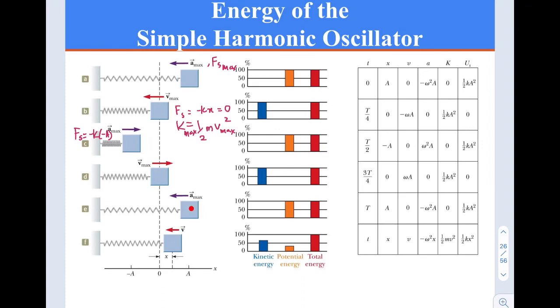And again, when it reaches position of positive A, kinetic energy stops for a moment. Kinetic energy will be 0. Velocity will be 0. Position at A, and then it's going to have maximum potential energy, which is equivalent to E total.